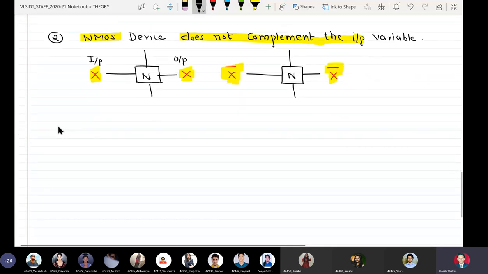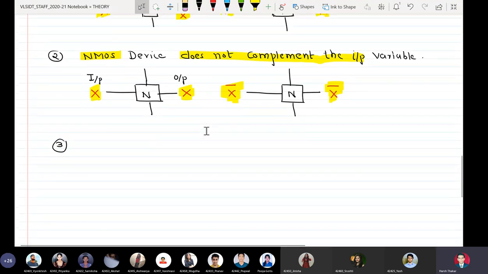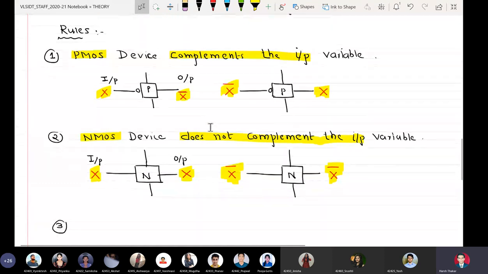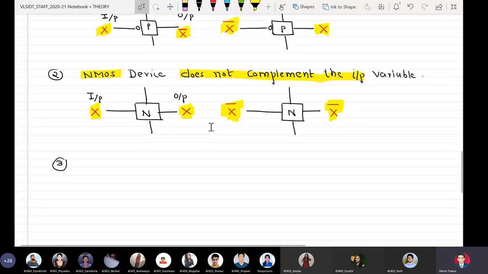Rule number 3. What we are going to do basically is convert Boolean expressions into an interconnection between MOSFETs.